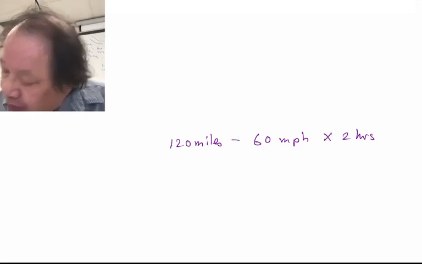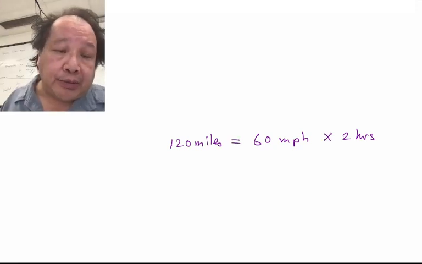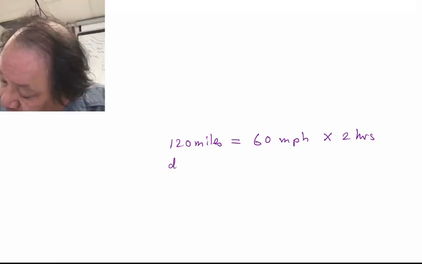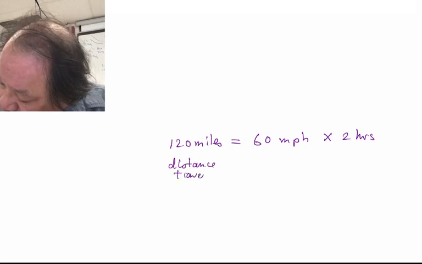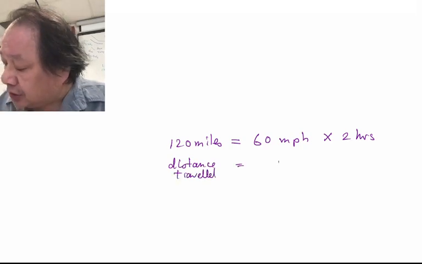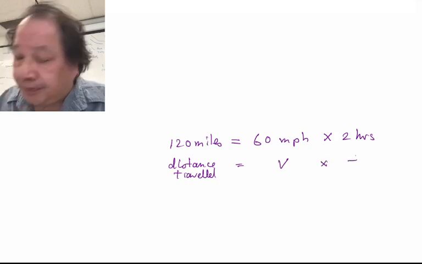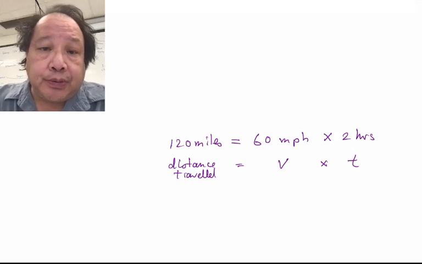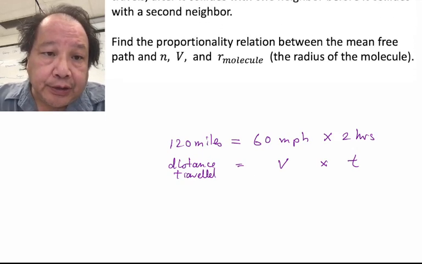And so this is written as a mathematical relation. Distance traveled equals velocity times time. And we're now going to use this relationship for a problem involving ideal gases.